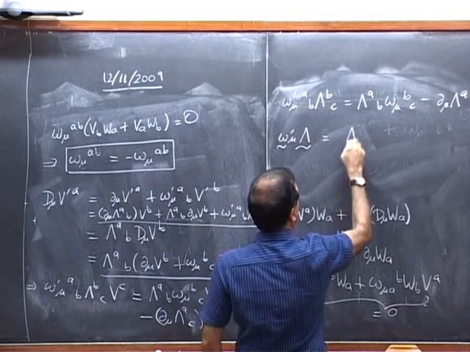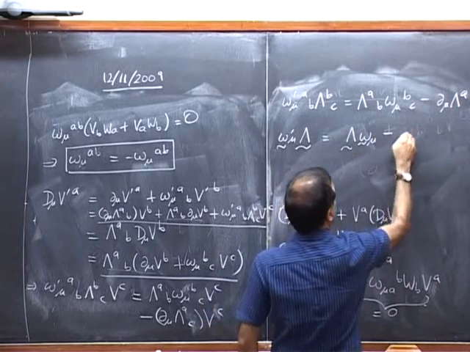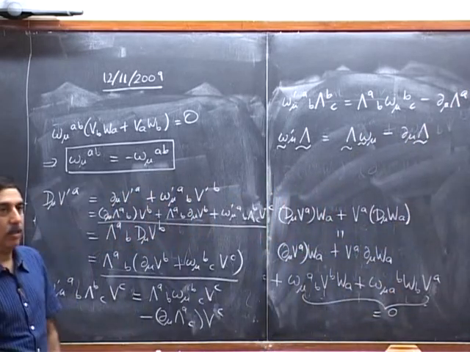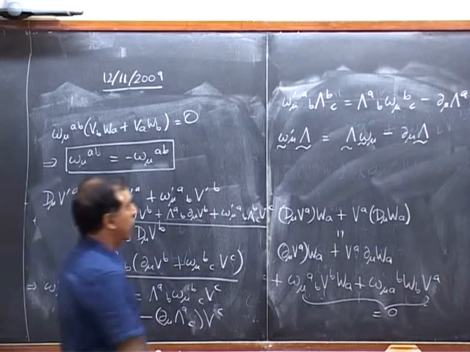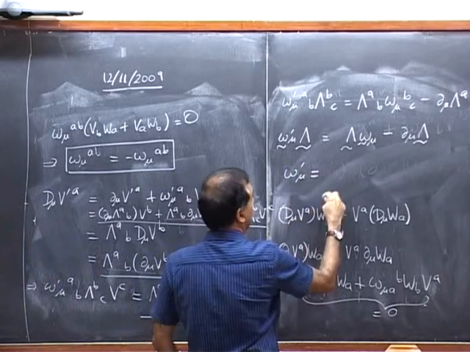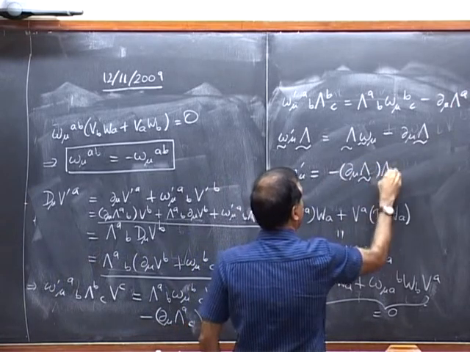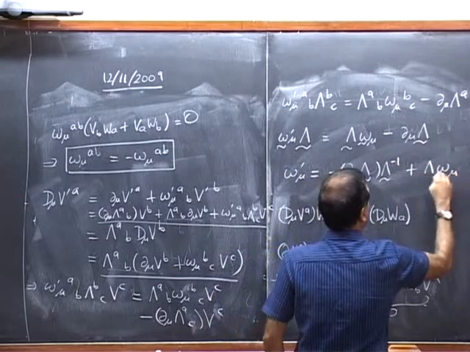This is equal to lambda omega mu minus del mu lambda. Okay. So now I just multiply on the right side by lambda inverse, and I get omega prime mu is equal to minus del mu lambda lambda inverse plus lambda omega mu lambda inverse.